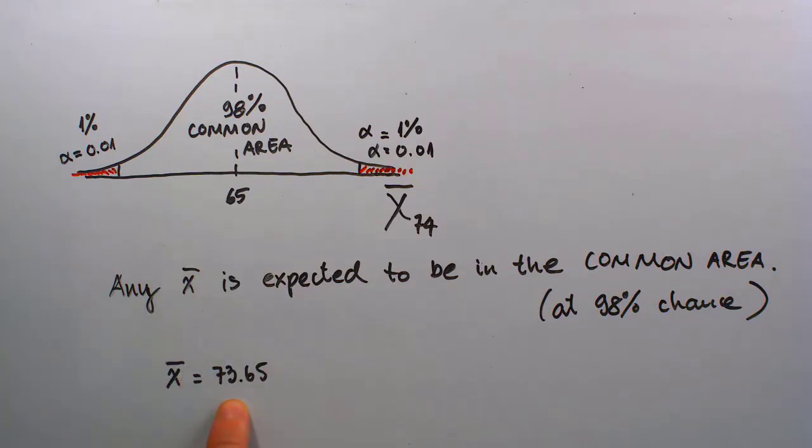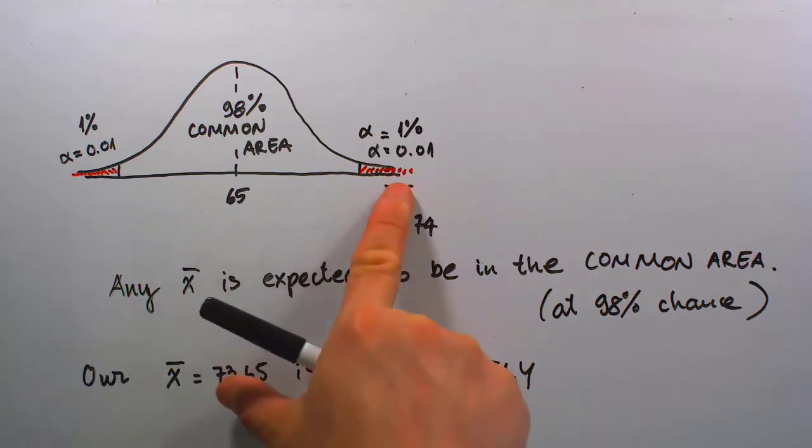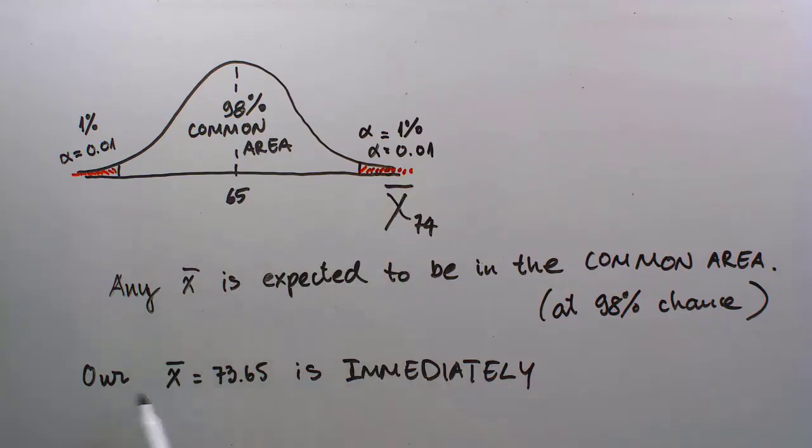It fluctuated from 65, but it fluctuated too far, to the point that our value is proven immediately, I would say immediately, due to the fact that it's the only one sample, to have fallen right into the unlikely area. In other words, our sample mean 73.65 is immediately an unlikely value.